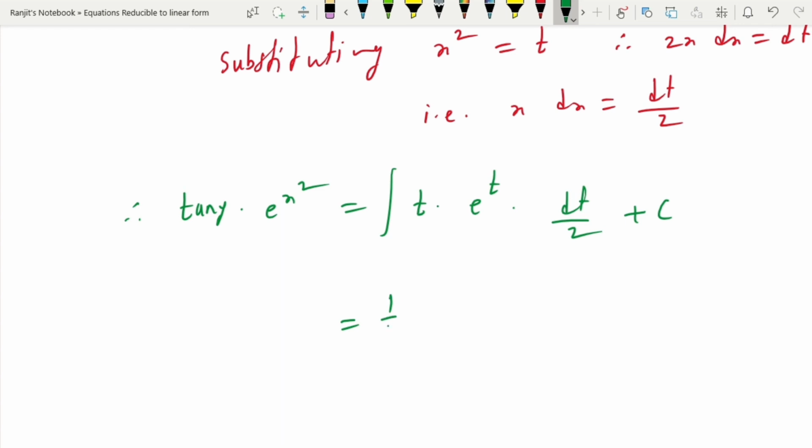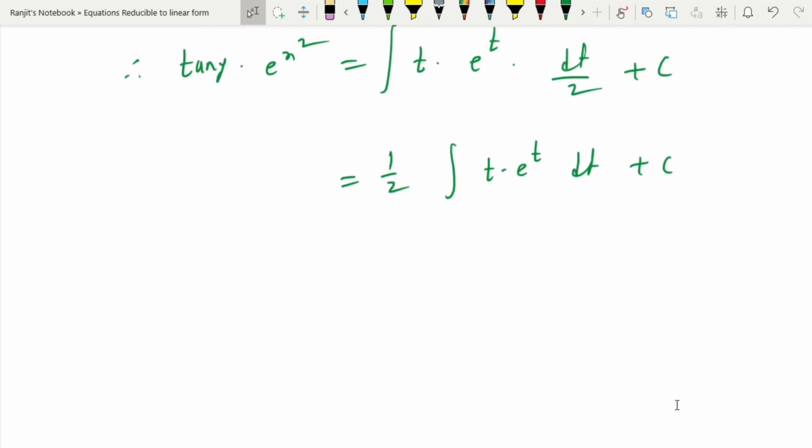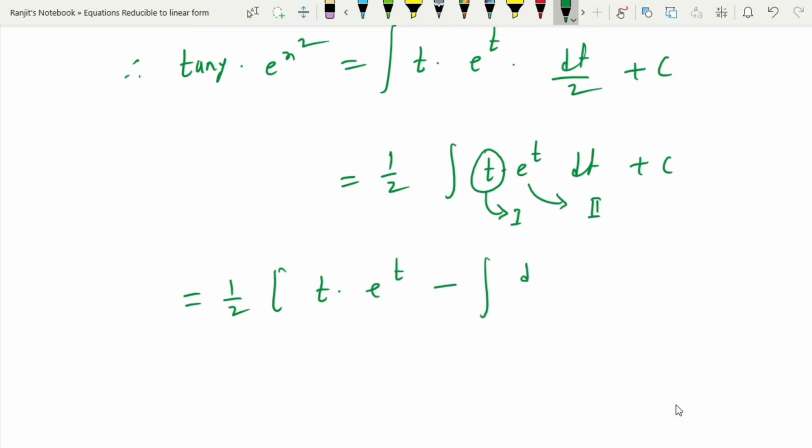Now this is equal to half integration of t times e to the power t dt plus c. Applying integration by parts, with t as the first function and e to the power t as the second function, this is equal to half, the first function times the integration of the second function, minus the integration of the derivative of the first function times the integration of the second function, dt, plus c.